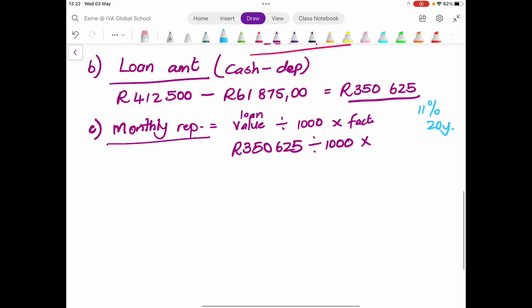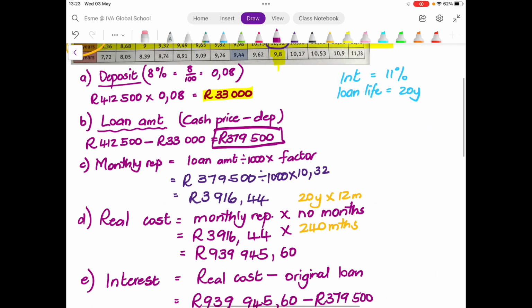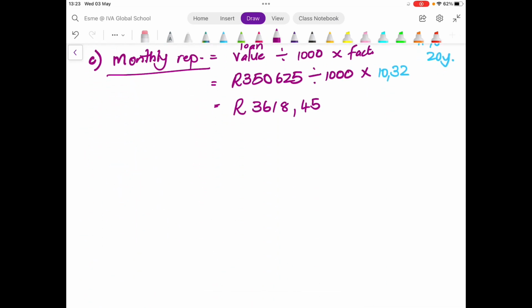So my factor is still 10,32, and if I put that into my calculator, my monthly repayment is going to be 3618,45. And remember, you paid off more initially, so that should be less. And if you go and compare it, it is less than that value. Right, so that's my monthly repayment.